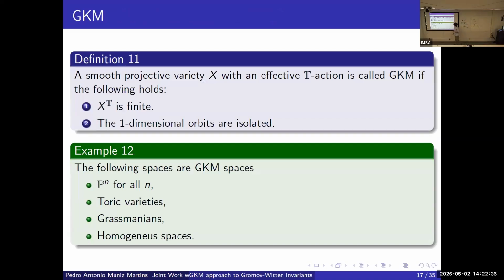We say that a GKM space is a smooth projective variety with an effective T action, again the algebraic torus, if the fixed locus is finite and the one-dimensional orbits are isolated, are P1s inside it. There are a lot of spaces that are GKM, like Pn, toric varieties, birationals, and homogeneous spaces.